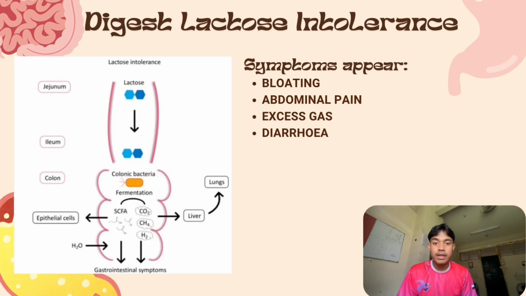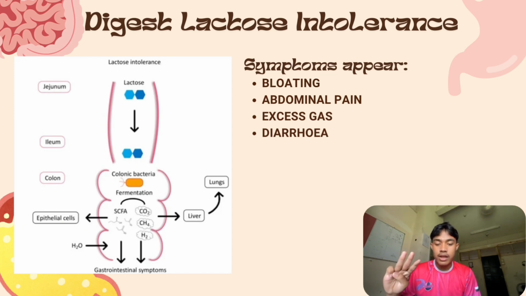Number 5, gas plus osmotic effect. Here is the problem. Lactose also pulls water into the intestine through the osmotic effect. So now we have gas building pressure and extra water inside the gut. And number 6, symptoms appear. There are 4 symptoms. First, bloating. Second, abdominal pain.